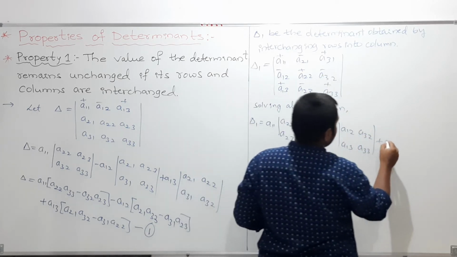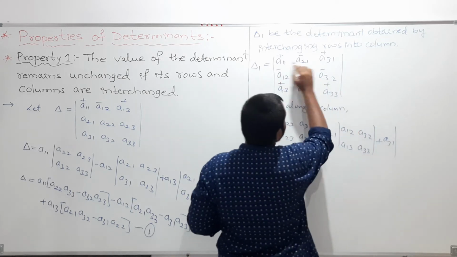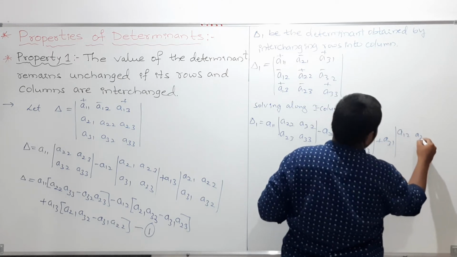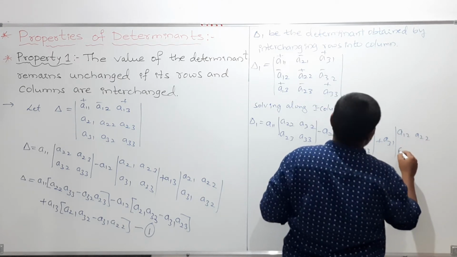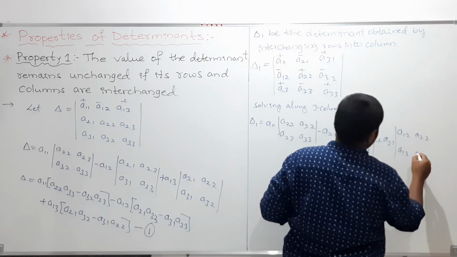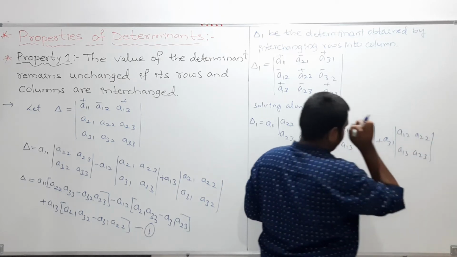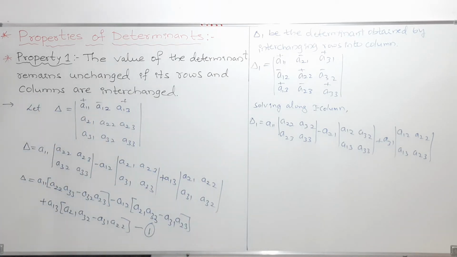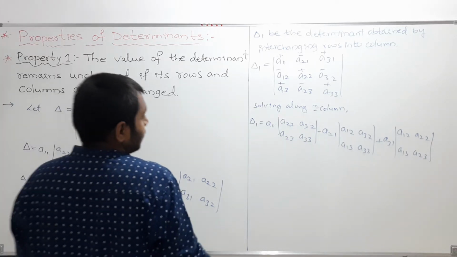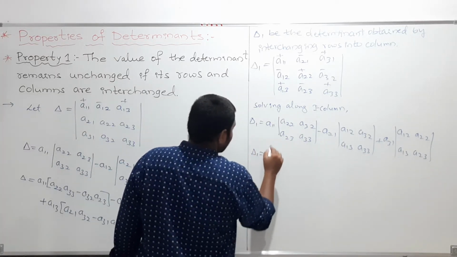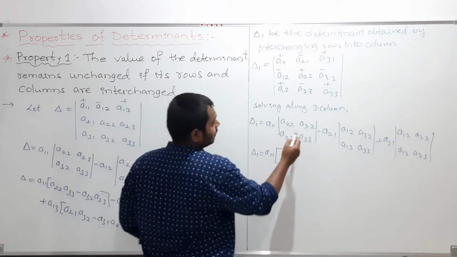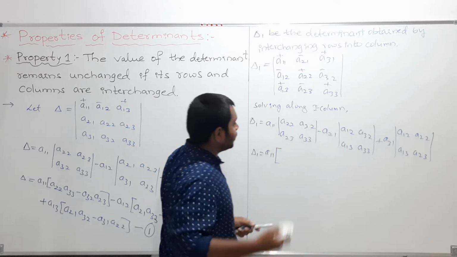Next, plus A31. Again leave this row and this column, and take the determinant of the remaining A12, A22, A13, A23. Clear? Yes. Now let us simplify further, my dear students. Delta 1 is equal to A11 inside the bracket: this element into this element minus this element into this element.